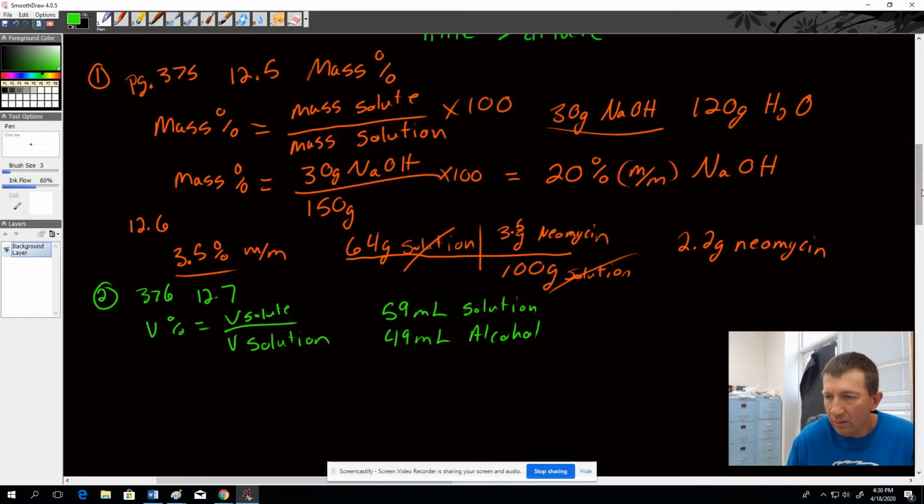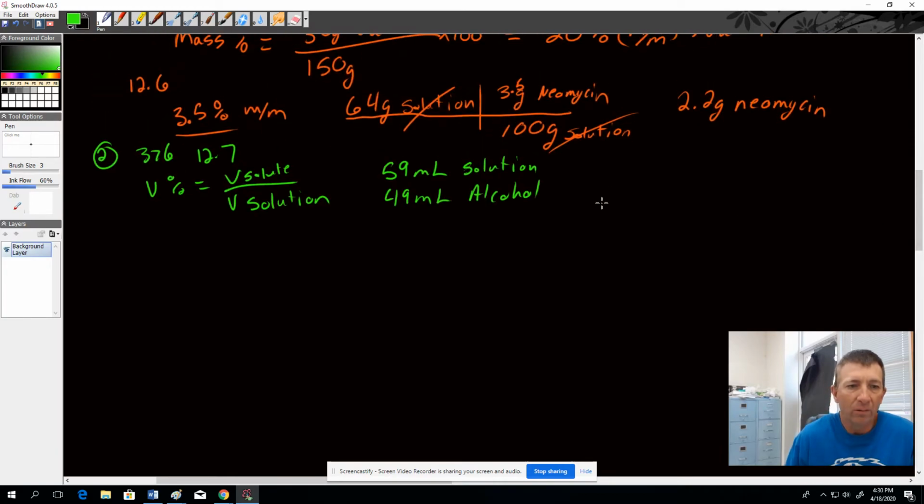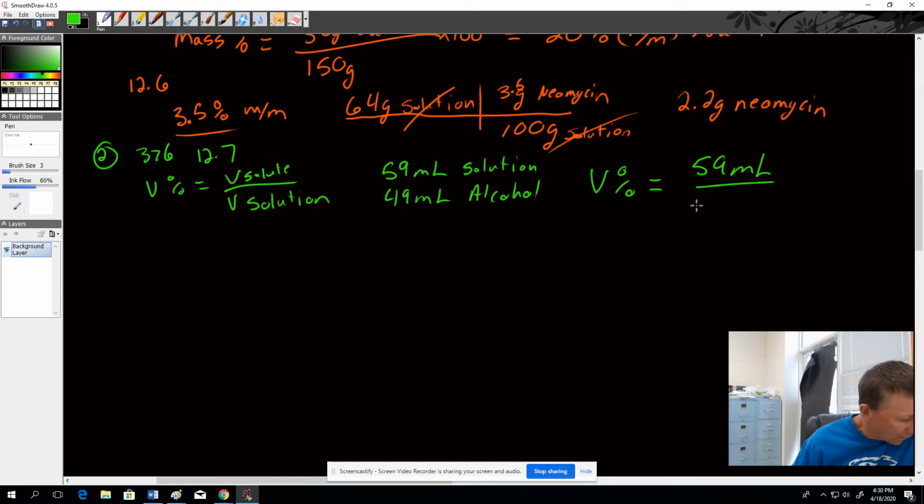So volume percent equals the volume of the solute, which is 49 milliliters of alcohol, whoops, I got that backwards. Divided by the 59 milliliters of the whole solution.